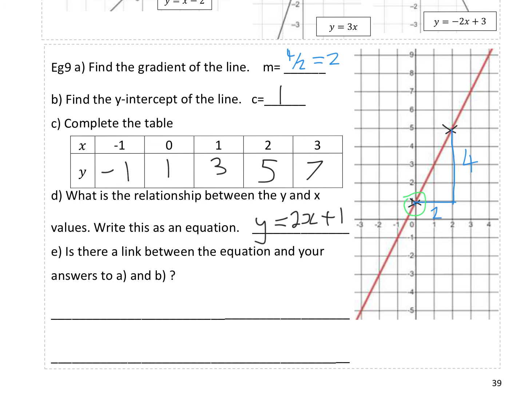And then part E, is there a link between the equation, this here, and your answers to A and B? Well, if we look at the part A, it is the m, the gradient, and it's 2. And you'll see here on the graph, the equation of the graph, that the number in front of the x is 2. If we look at the part B, the y-intercept, c is 1.